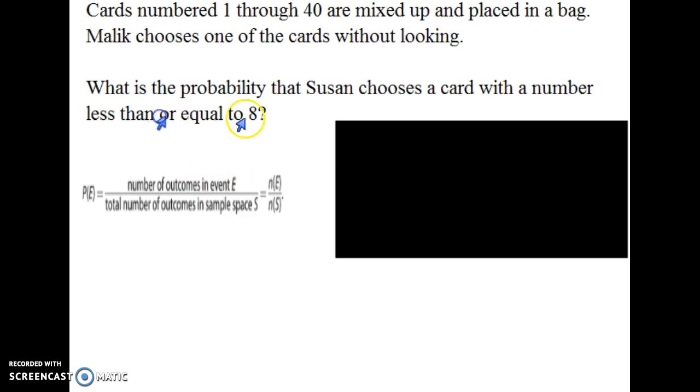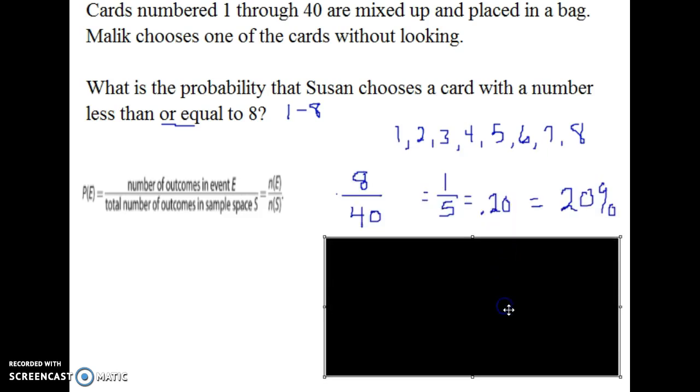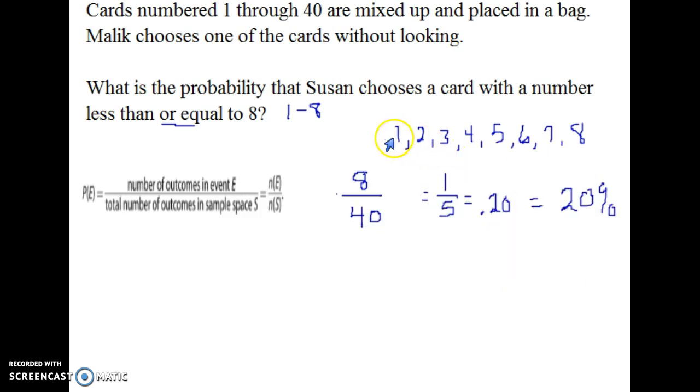If we want something less than or equal to 8, that would be 1 through 8, right? Because it's got this or equal to, we include 8 in our possible choices. So that is 8 different numbers, 1 through 8. And then our total, we have cards numbered 1 through 40, so there are 40 total choices.